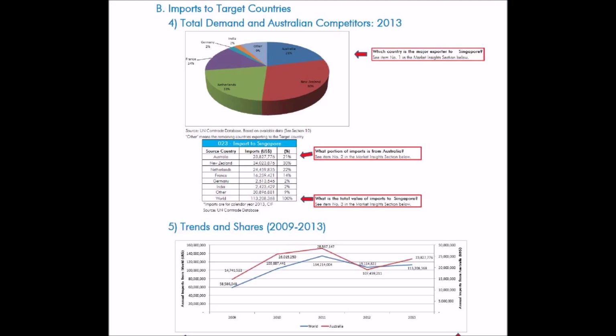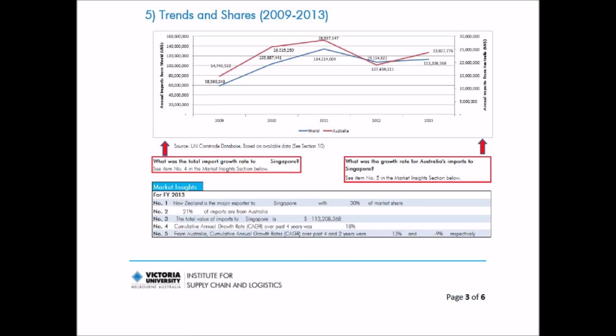But the next output indicates the actual trends and shares. This is 1 year, 2013, the trends and shares. And the important point that we see out of this is that the overall demand for butter into Singapore has been declining in recent years, so that downward trend from Australia is supported by an underlying reduction in overall demand for imports.